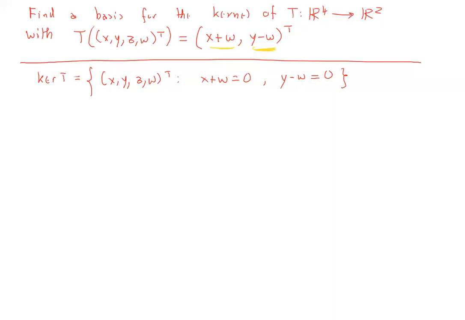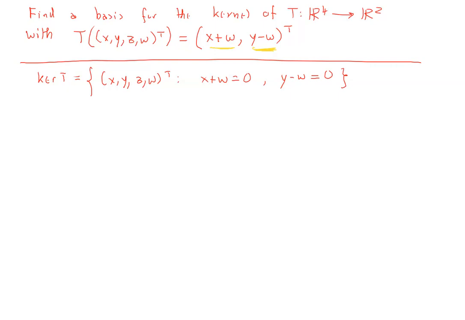You want the output to be 0, so you want these two quantities to be 0. It's what we did in the previous problem, but with just one equation. Any questions?